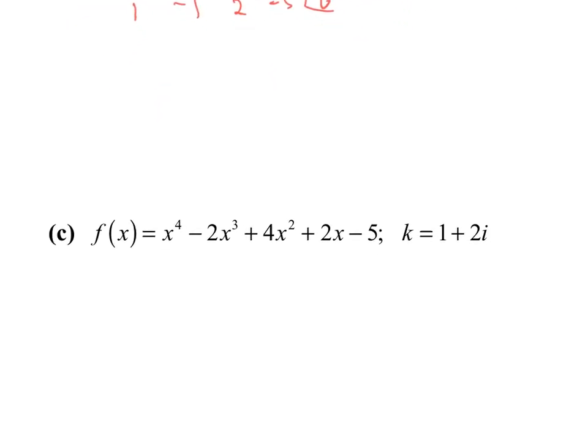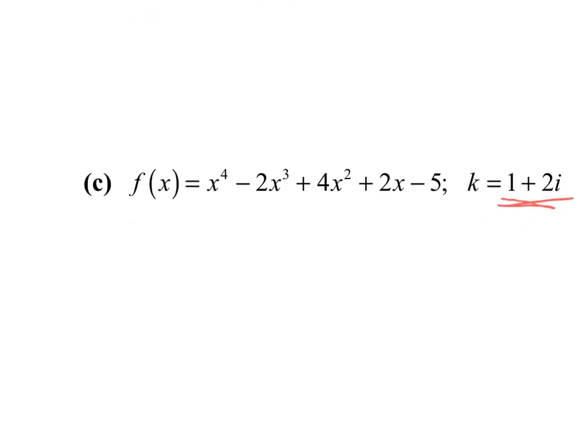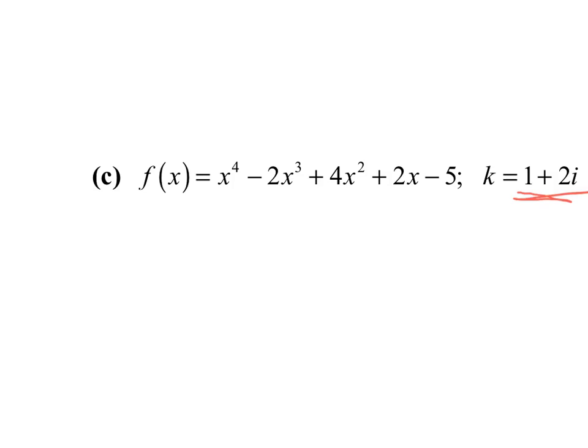Okay. What if this fourth degree has a complex number as a root? Now, let's see if it is. And this is hard, so bear with me. 4, 3, 2, 1, and there's a negative 5x to the 0.